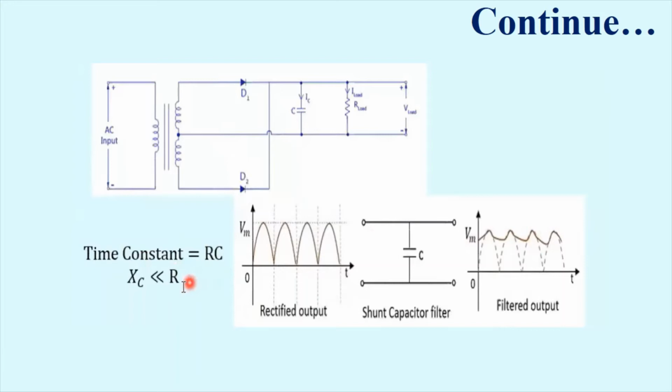Another factor is XC less than R, because XC has a low resistance value, so our AC signal will pass through it to the ground, and we have DC output at our load resistance. As we have XC less than R, the AC signal passes through the ground and the DC signal passes through the load resistance, and we get a DC signal at our output. So this is how a capacitor can be used as a filter in any rectification process.